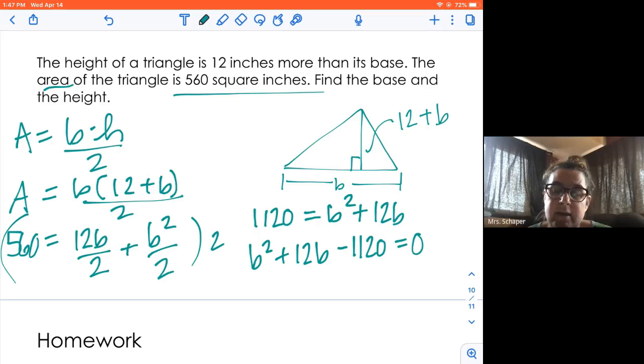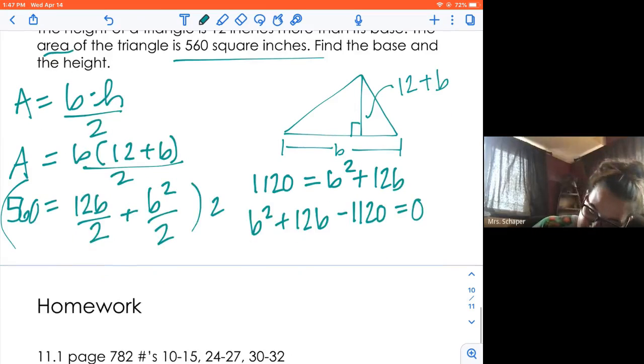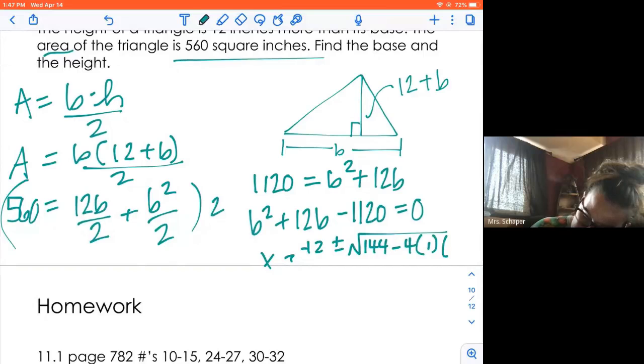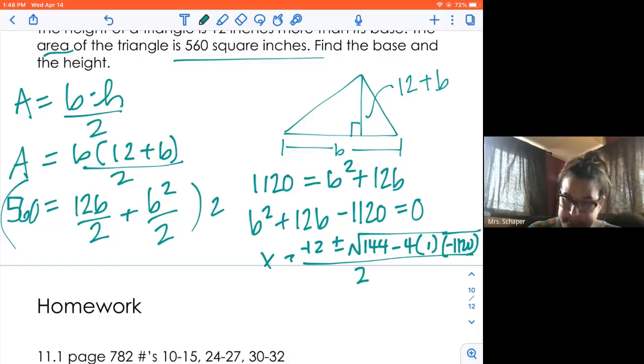I can do the quadratic formula. I can factor. Let's see what I want to do. X equals opposite B plus or minus the square root of B squared minus 4AC all over 2A.